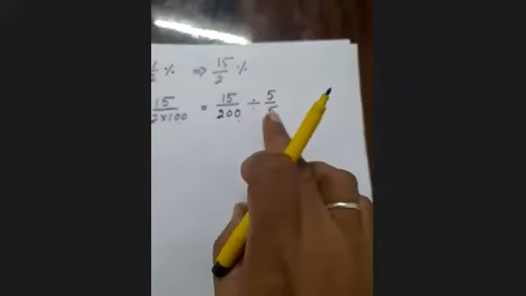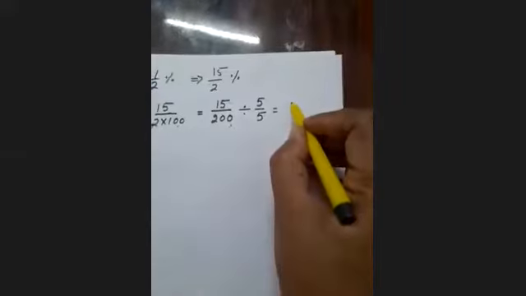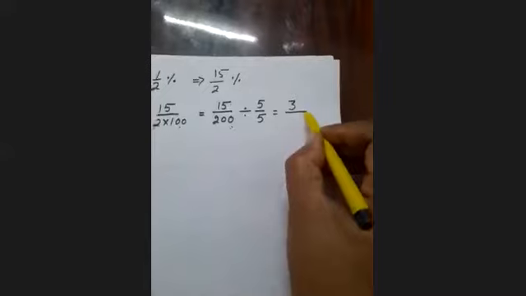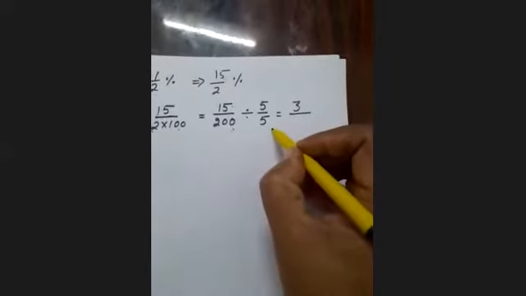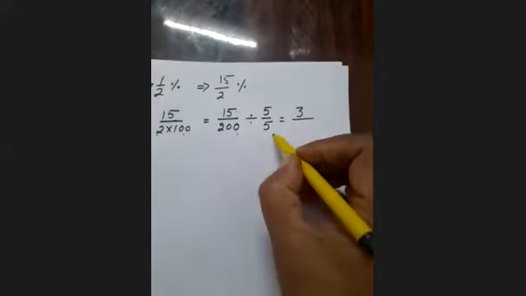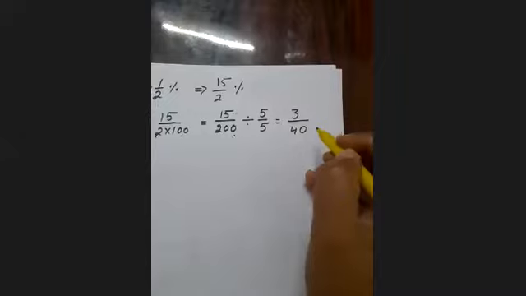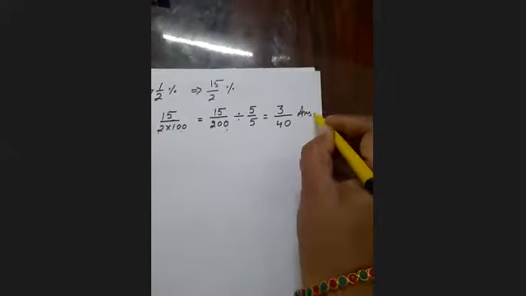So we will divide by 5. 15 divided by 5 will get 3. And 200 divided by 5 will get 40. So our answer is 3 upon 40.